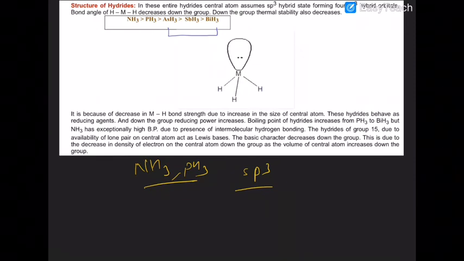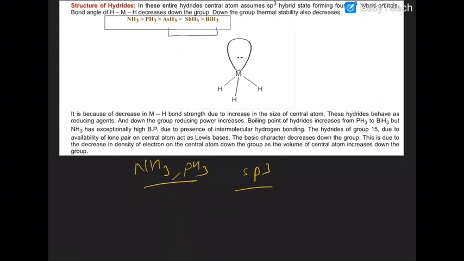No hybridization occurs, and that's why the bond angle in these three hydrides is nearly similar to that of the p block, that is 90 degrees. So I'm repeating once more: in arsine, stibine and bismuthine, the pure p orbital is involved in the bonding with the hydrogen atom. You have to understand that.